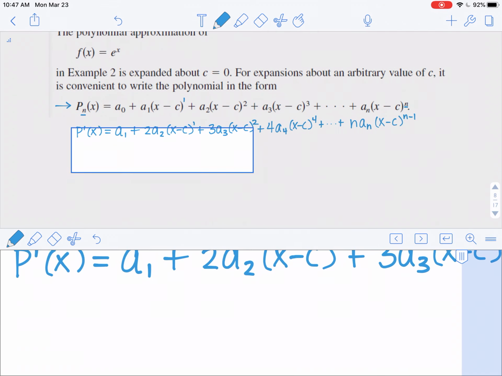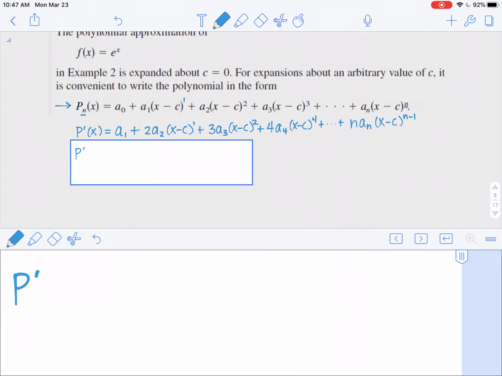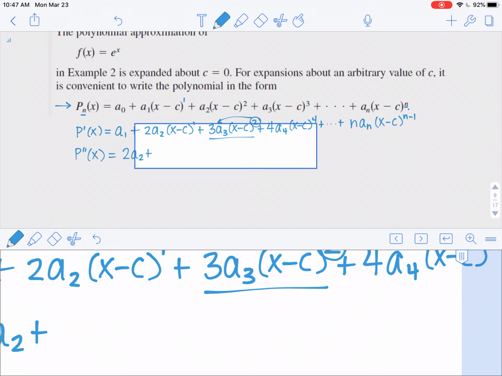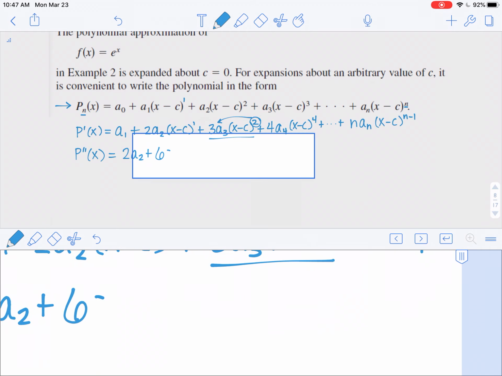If I then take the derivative of the derivative, aka the second derivative, the derivative of a sub 1 again would be 0. The derivative of 2a sub 2 times x minus c to the first would just be 2a sub 2. The next derivative, when I look at taking the derivative of this term, remember the old power comes down and multiplies by the existing coefficient. So 6a sub 3 times x minus c to the first.